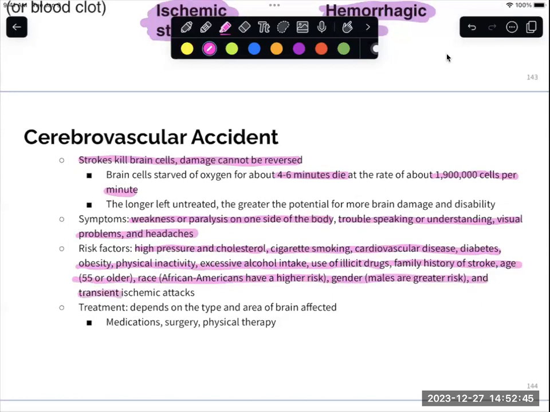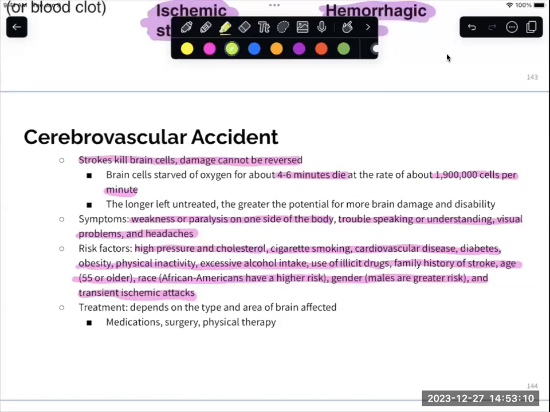And if you've had a transischemic attack, that's where a blood vessel gets blocked off for a short period of time, not enough to cause damage, because the blood pressure behind it is enough to cause that blood clot to move on.